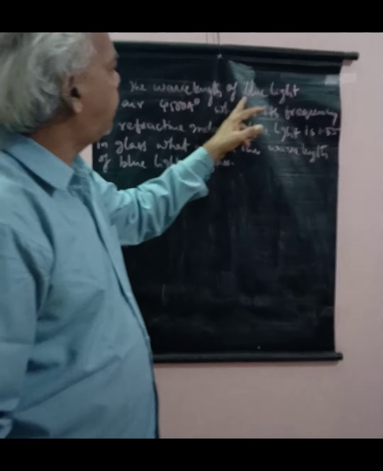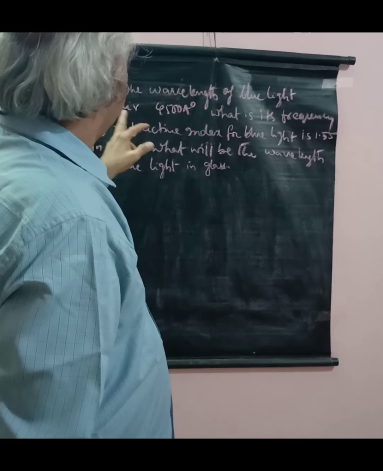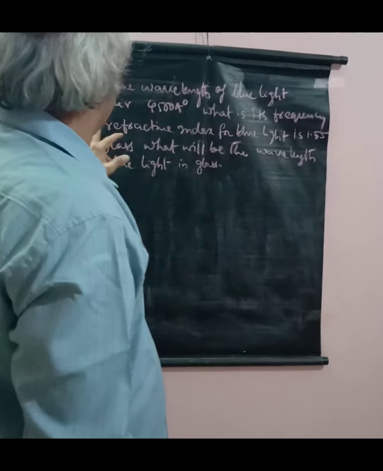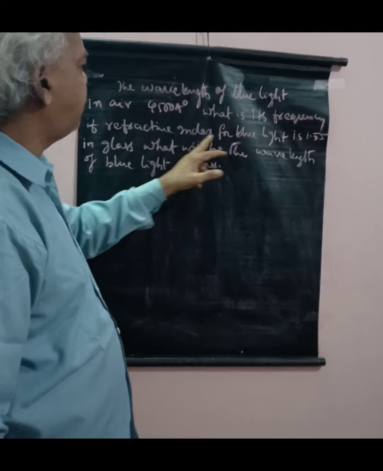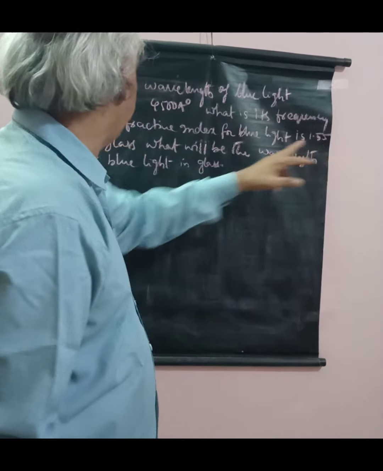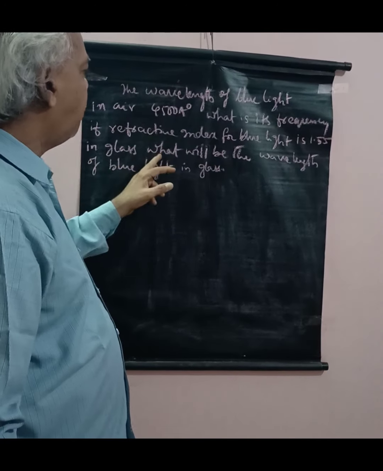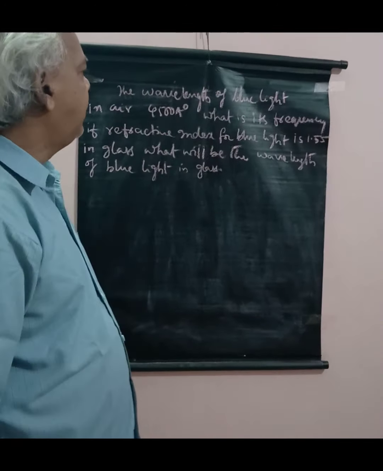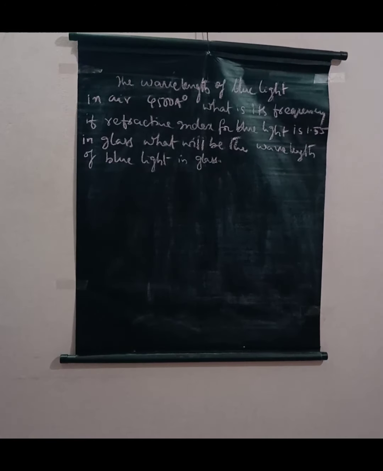The wavelength of blue light in air is 4500 angstroms. What is its frequency? If the refractive index for blue light is 1.55 in glass, what will be the wavelength of blue light in glass? It is a given problem.